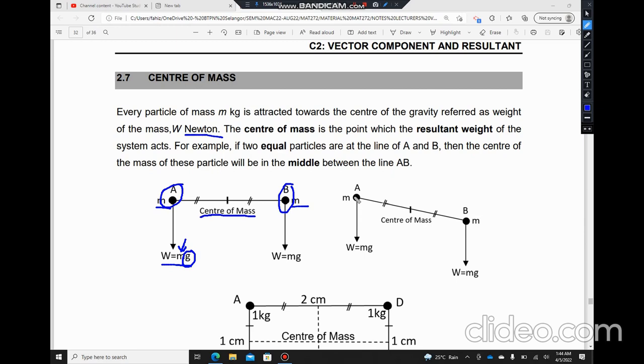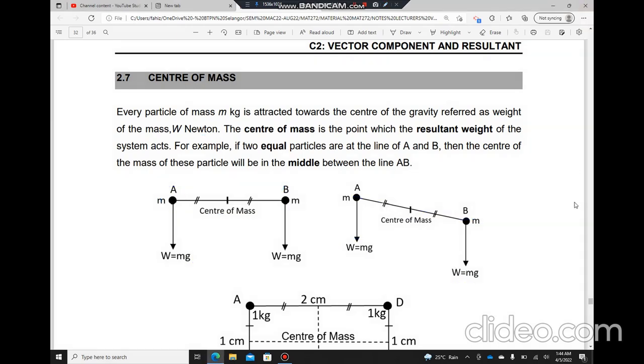Walaupun dia agak condong macam ni, so dia ada angle, tapi still A and B ada weight W equals to mg. So center of mass is in the middle between A and B. Center of mass still kita just bahagi dua antara A dengan B.